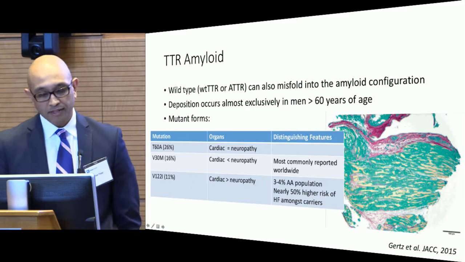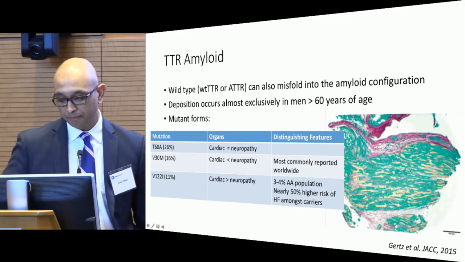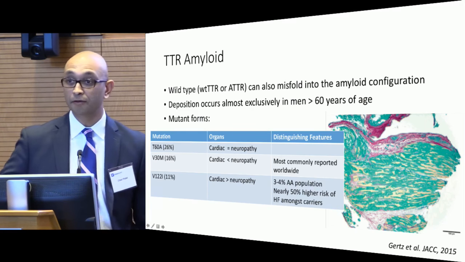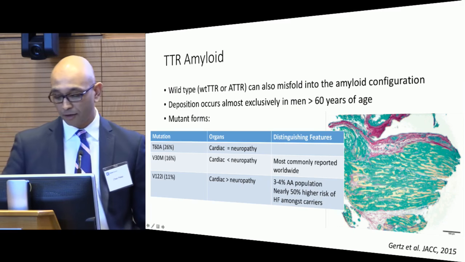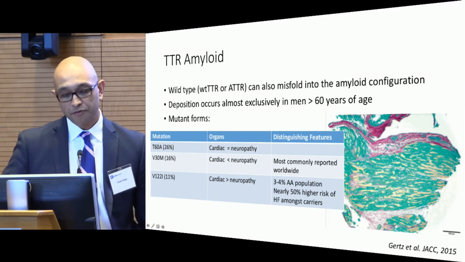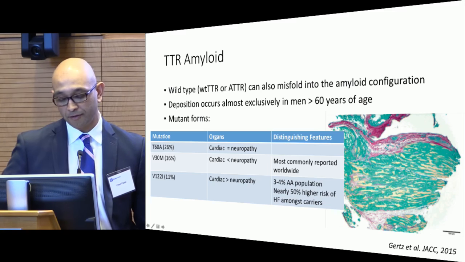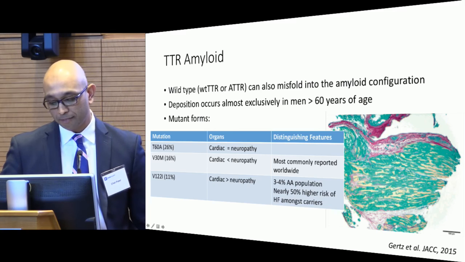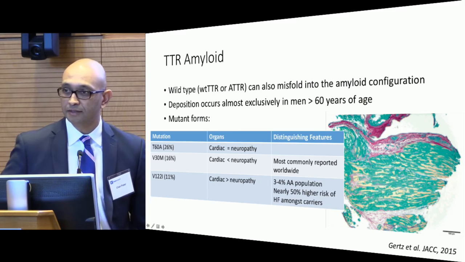The wild type form that all of us have can misfold into the amyloid configuration, and that deposition almost exclusively occurs in men over the age of 60, and it's often referred to as the senile form of amyloidosis. There are the various mutant forms, and many single point mutations have been identified. The three most common in the Mayo experience are shown on this table, and they have some variability in terms of the tissues that they target.